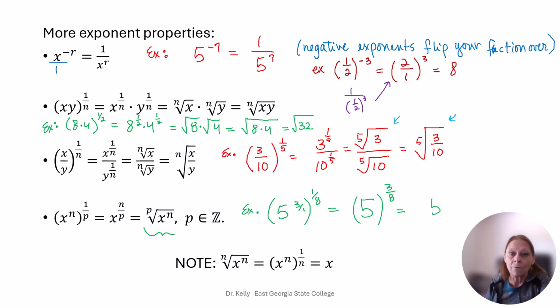So we'll have 5 cubed on the inside, and this will be an index of 8 on the outside. We wanted to write it all looking pretty. It would be the 8th root of 125. No way to reduce that because there's only 3 5s in there. Can't break it down. We need 8 of those 5s to actually break it down. So that is simply as simple as possible.